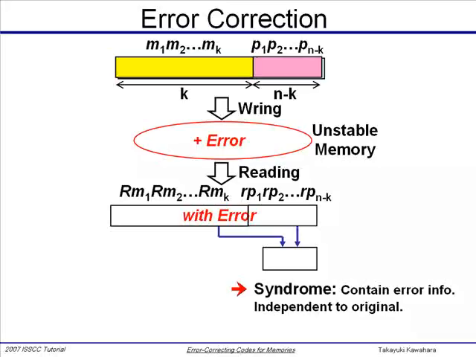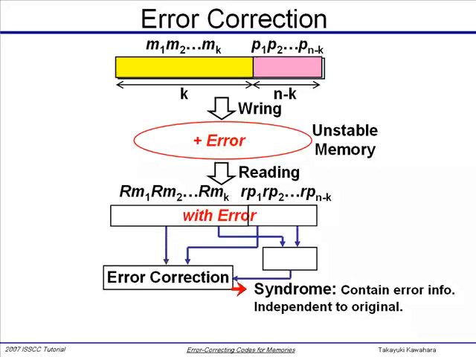Therefore, we can calculate what the error is, and so we can get the corrected data. That is the system of error correction. It is the same as majority judgment, only we introduce a syndrome that contains error info that specifies what the error is.